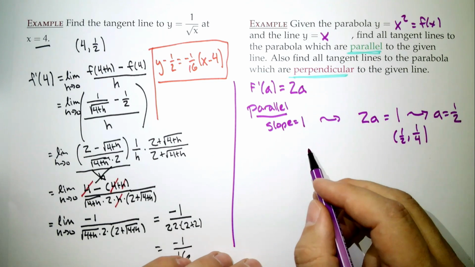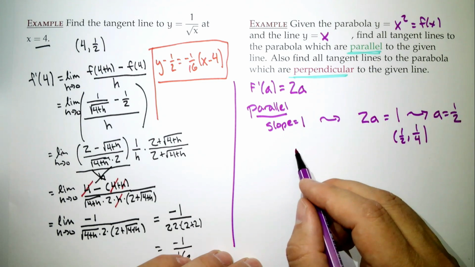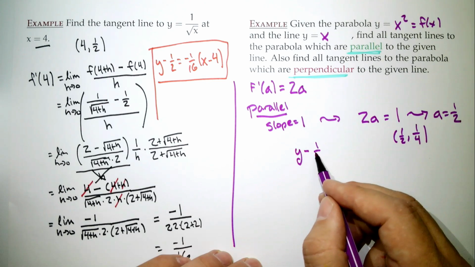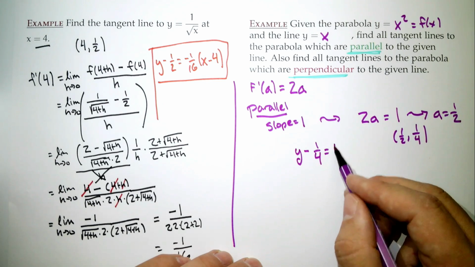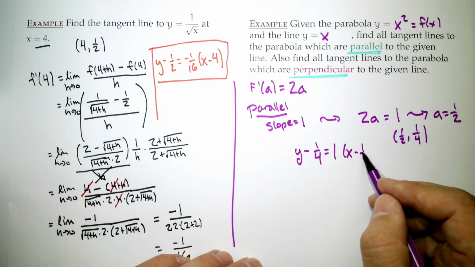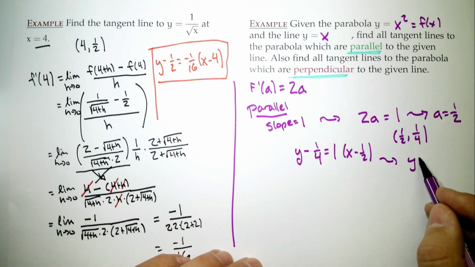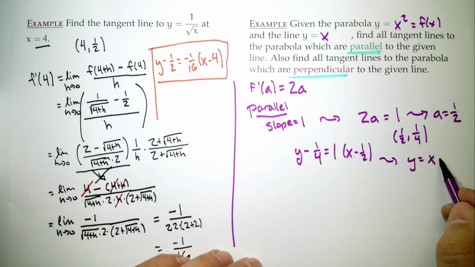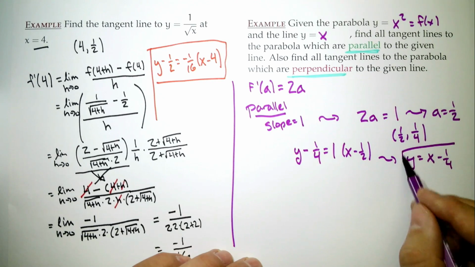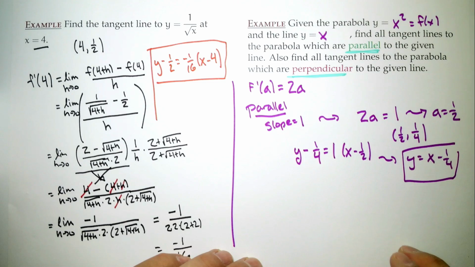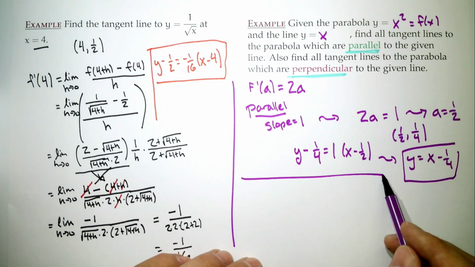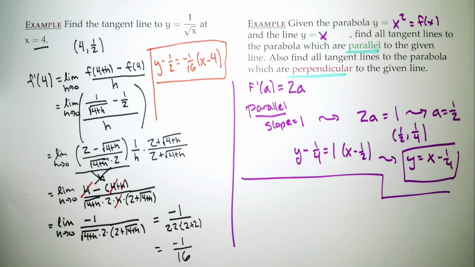And therefore, our line, which is parallel, is y minus our y-coordinate equals our slope times x minus our x-coordinate. And if you wanted to, you could clean that up. You could say y equals x minus 1/4, because you can add 1/4 to both sides. Okay, so that's the parallel.